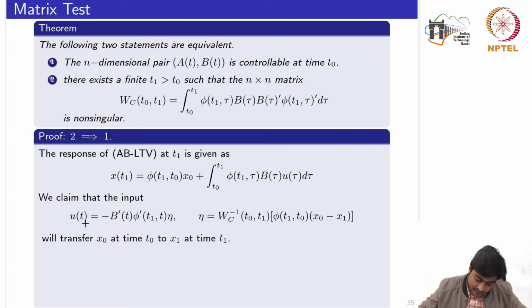So we claim that this input can transfer x0 to x1, where eta is given by specifically this one. Now what we'll do is apply this u on the right hand side, and then show whether the value of x at t1 is equal to x1.